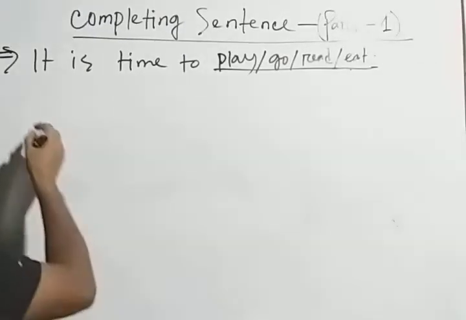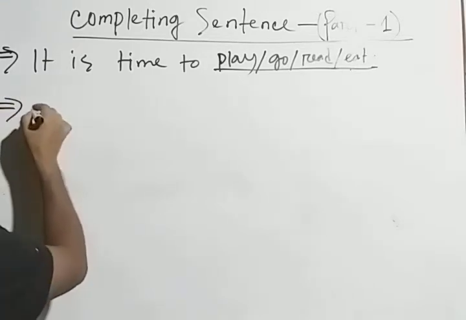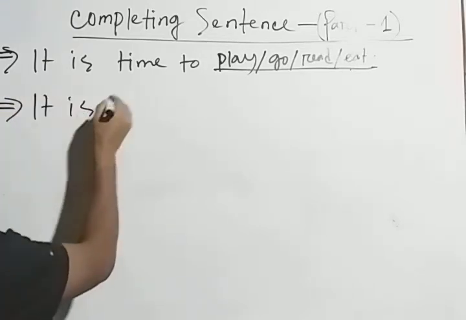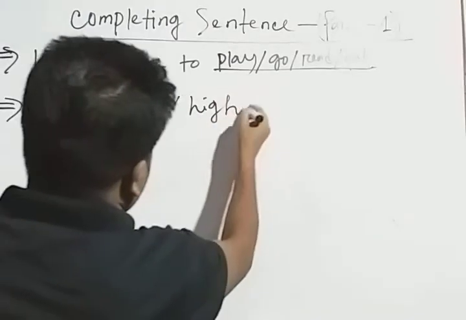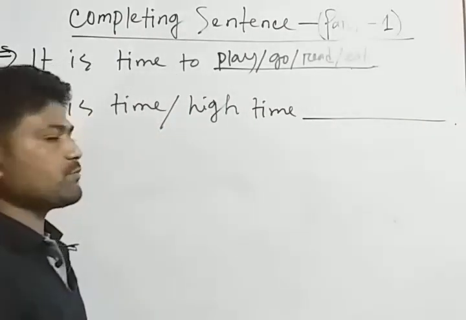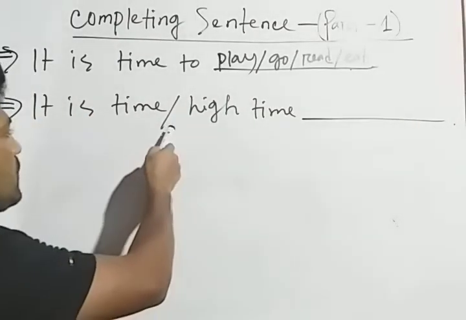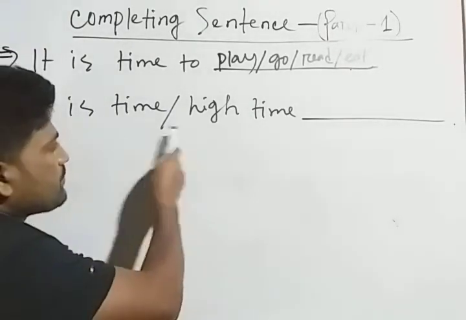Okay, dear learners, if I give another example, it will be very easy for you. Look at example number 2. It is time or high time. How can we complete this type of sentence?